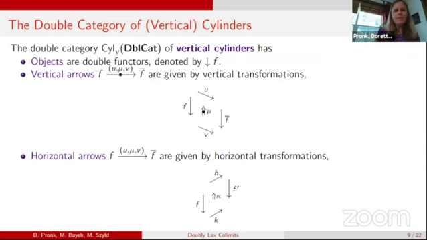So in this case, we will have squares that are commuting up to a vertical transformation. So a vertical arrow from F to F bar is a square as given there in the middle. And a horizontal arrow is another one of those squares, but now with a horizontal transformation. So the vertical transformations in a square give me the vertical arrows. The horizontal transformations give me the horizontal arrows.